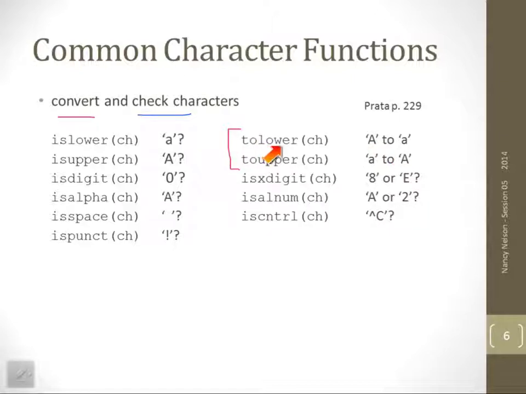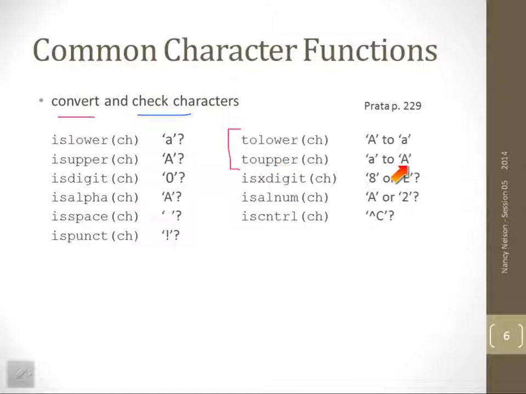The nice thing about that is it doesn't matter whether this character is uppercase or lowercase, we'll always end up with a lowercase one. Similarly here, it doesn't matter whether we enter a lowercase a or an uppercase A. After this function, toUpper, has been executed, it's always going to be a capital letter.